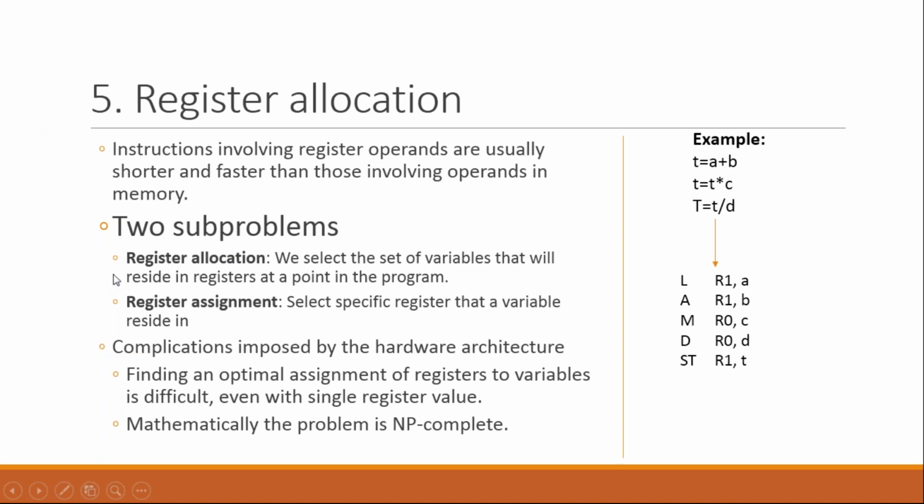So there are two major problems: register allocation as well as register assignment. What is register allocation and what is register assignment? The allocation is where we select the set of variables that are going to be used in your registers at the time of running. And the register assignment will assign the value to your register, or the variables which will be stored in your register.